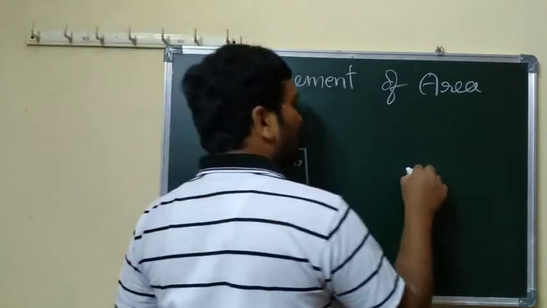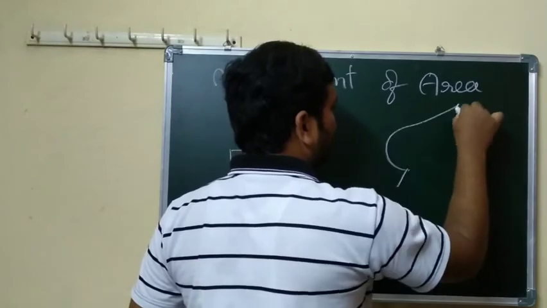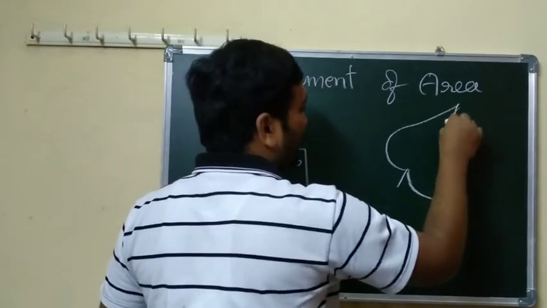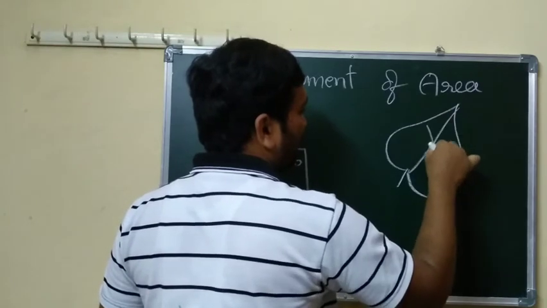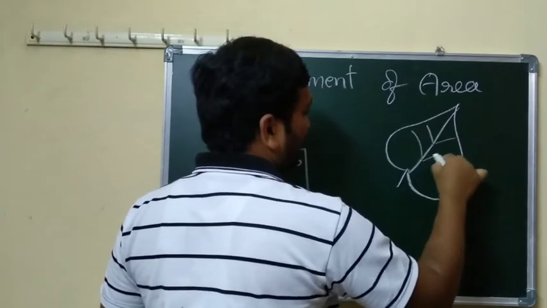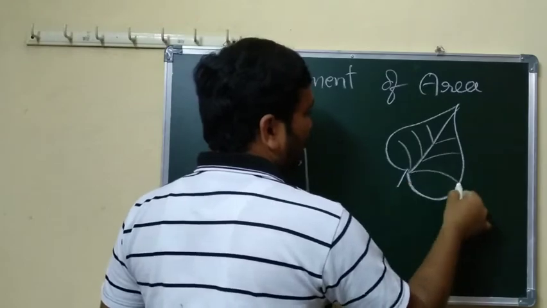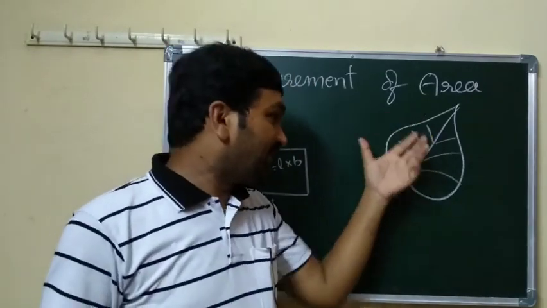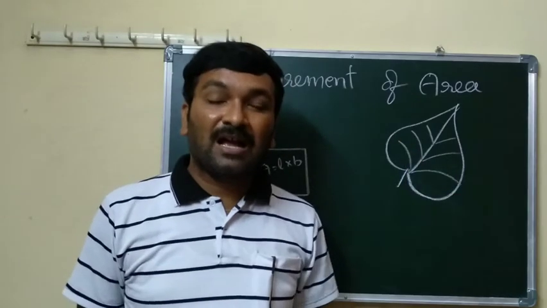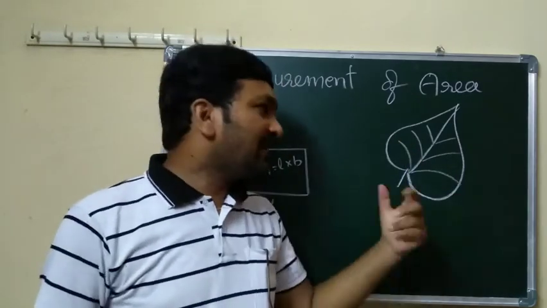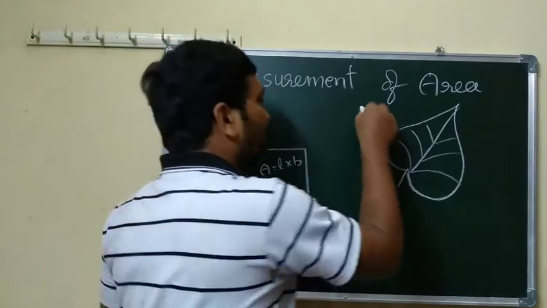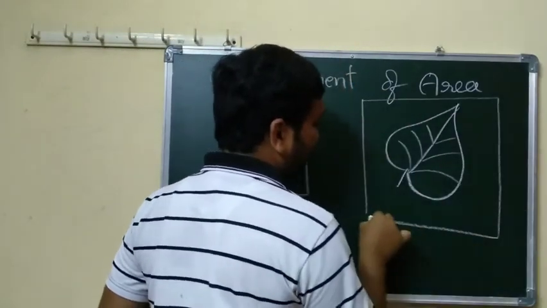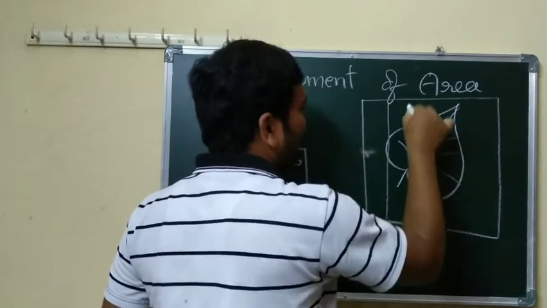But suppose I select one leaf, and I need to measure the area of this leaf. How will we measure? That time we will take a graph. I am drawing it here; it is not accurate, but to get an idea I am drawing.